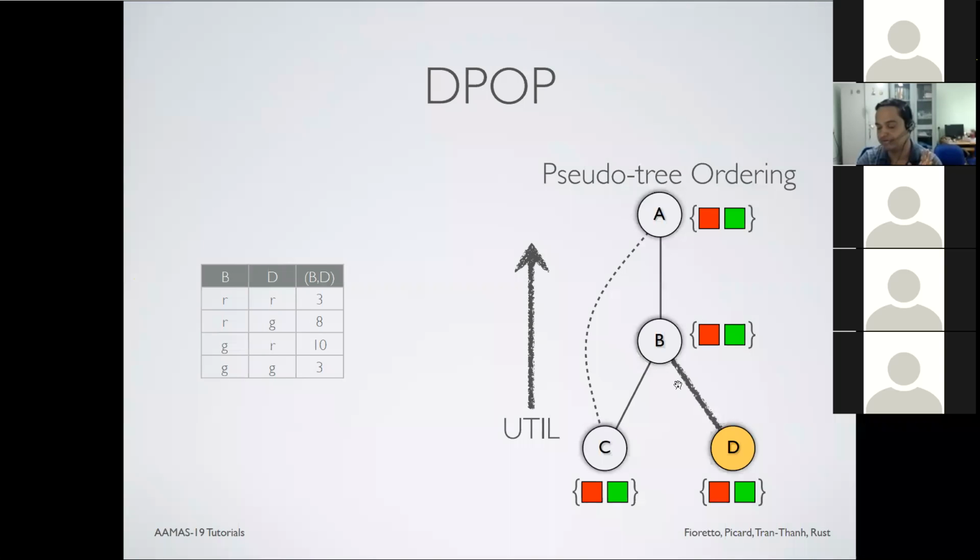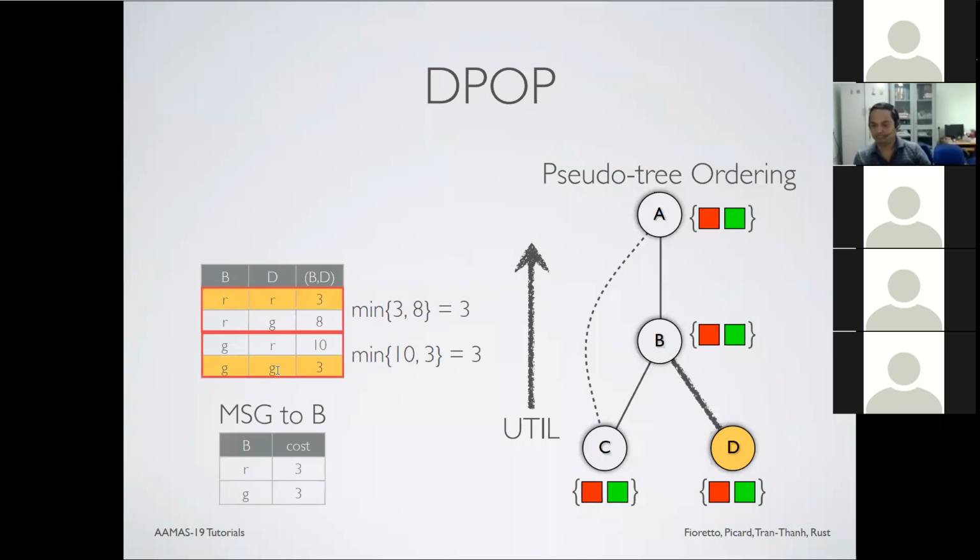So what we understand from here: if we choose B as red, then if D chooses red or green, the value will be a minimum of 3, because the minimum of 3 and 8 is 3, and this is possible when B is red and D is red.